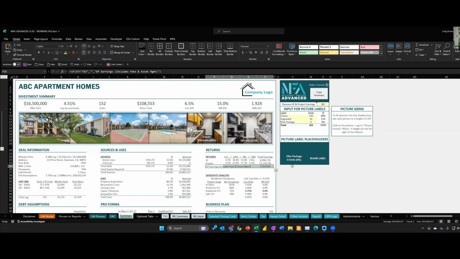That part is not relevant for them. And you can do that by toggling this drop down to yes, which means exclude the GP and project earnings. So there you go. So now the returns are just showing the LP or the partner earnings. And if you toggle back to no, don't exclude it, there you go. It shows the project level and it shows the GP. That's really all that does.